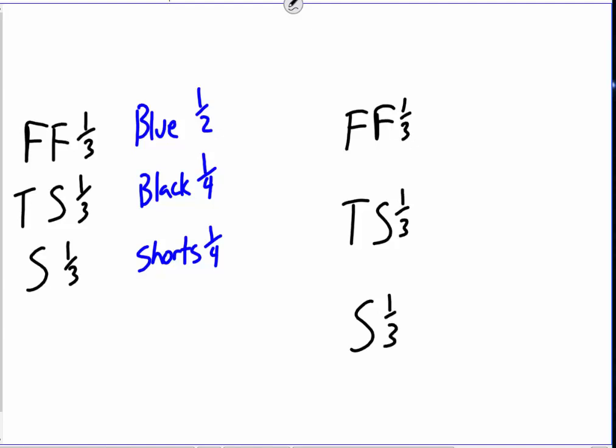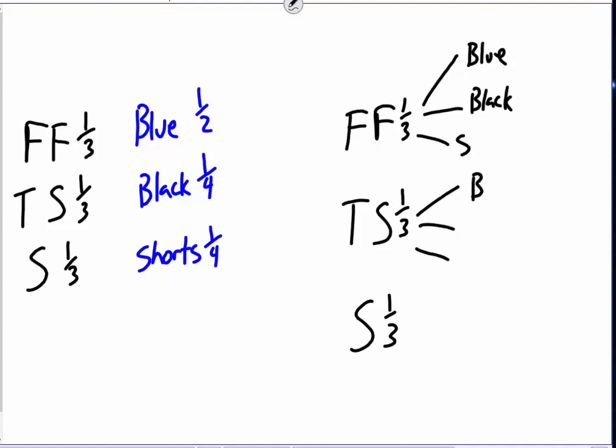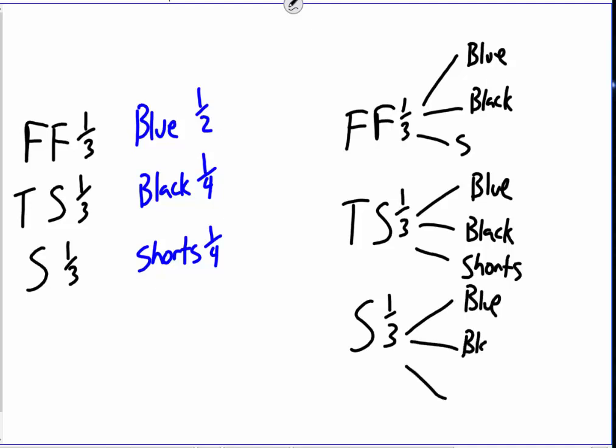Now, if we continue this out, we can have flip-flops with blue, black, or shorts. We could have this one with blue, black, and shorts. And this one also with blue, black, and shorts.